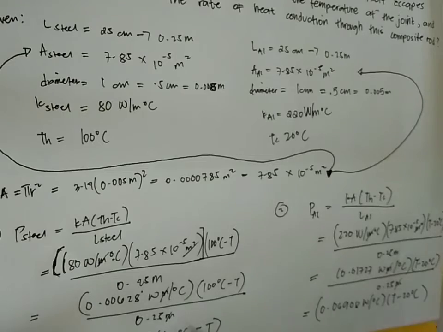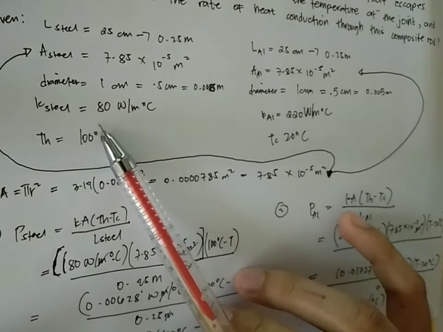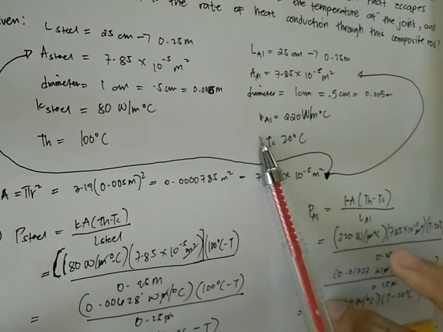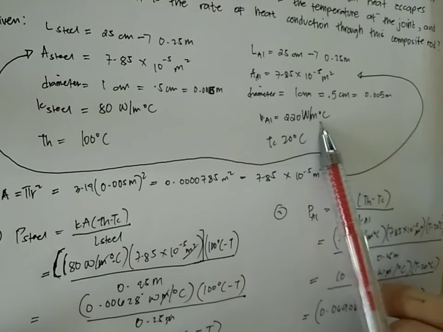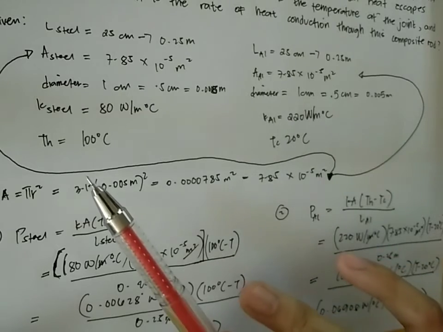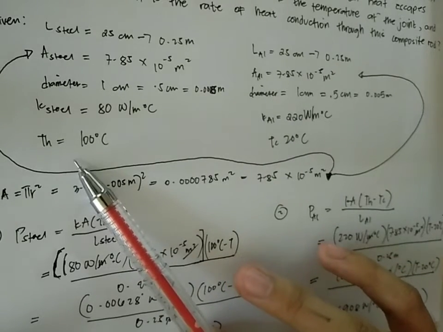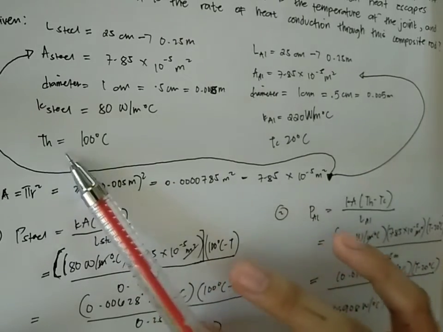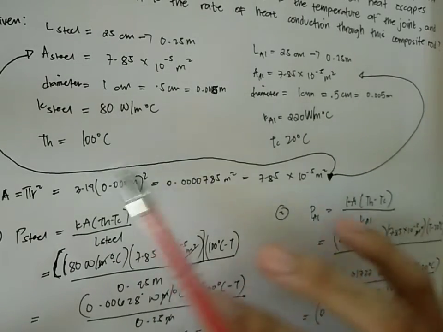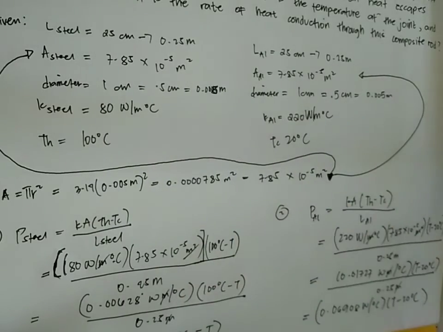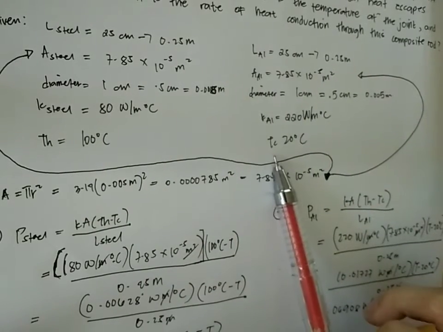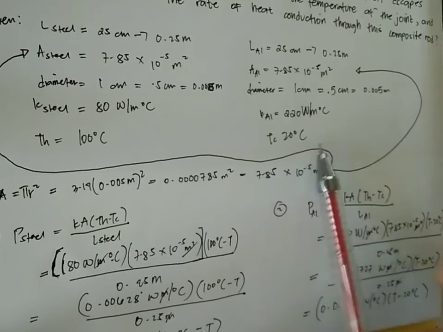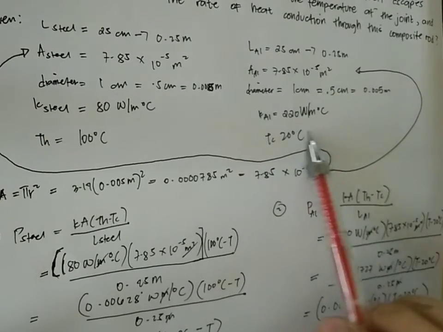After that, the thermal conductivity of steel is 80 watts per meter degree Celsius, and for the aluminum, 220 watts per meter degree Celsius. The hot temperature of the steel is 100 degrees Celsius, and the cold temperature of the steel is unknown. The cold temperature of the steel belongs to the aluminum, and the hot temperature of the aluminum is also unknown.